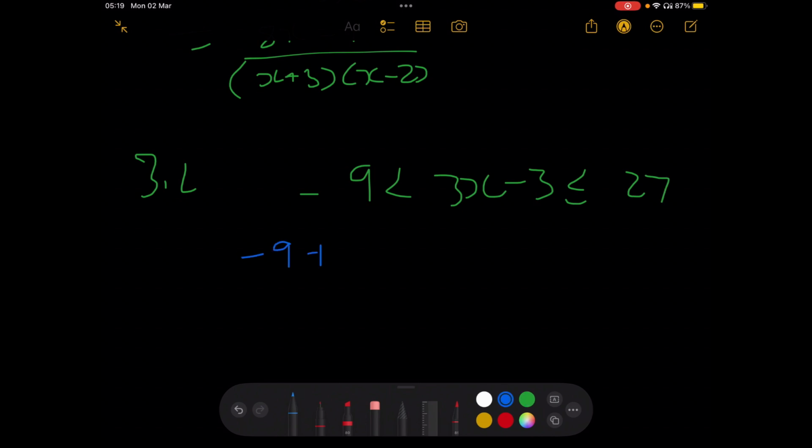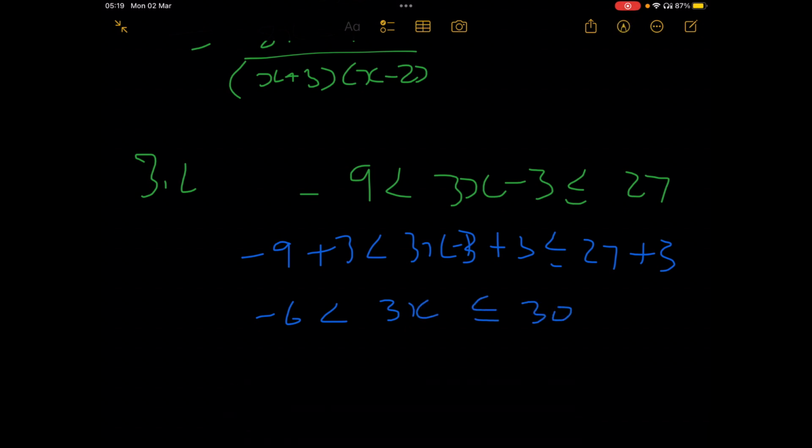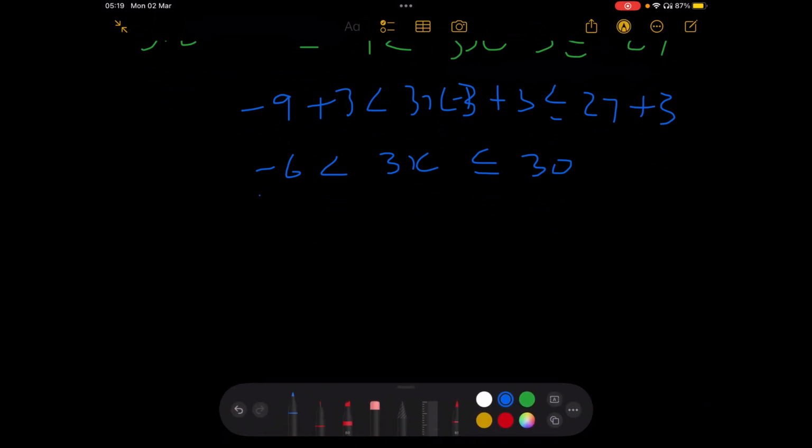So minus 9 plus 3 less than 3x minus 3 plus 3 less than or equal to 27 plus 3. Now we get negative 6 less than 3x less than or equal to 30. Then we have to divide throughout by 3 in order to get negative 2 less than x less than or equal to 10.